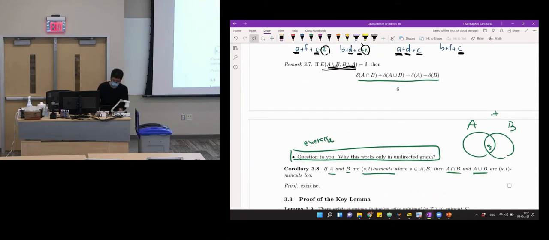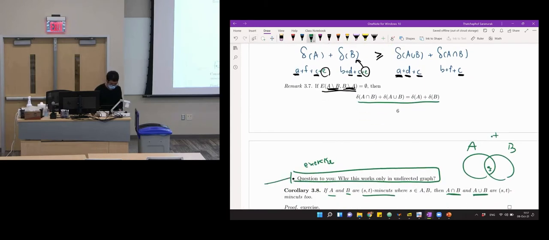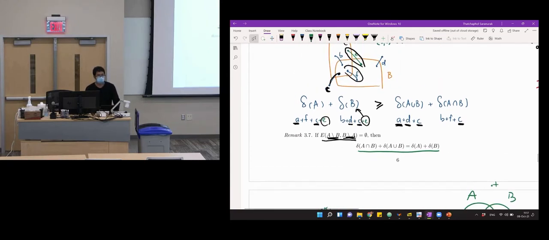And can you tell me why this doesn't work for directed graphs? I have one more doubt. In directed graphs, how do you define a cut? So is it S to V minus S, or do you add both ways?